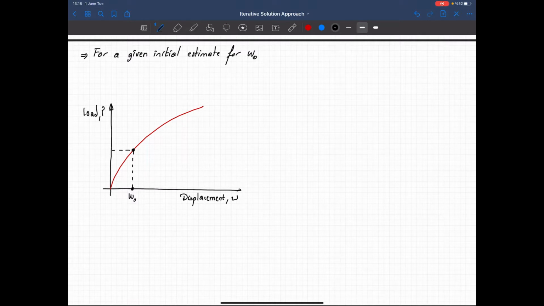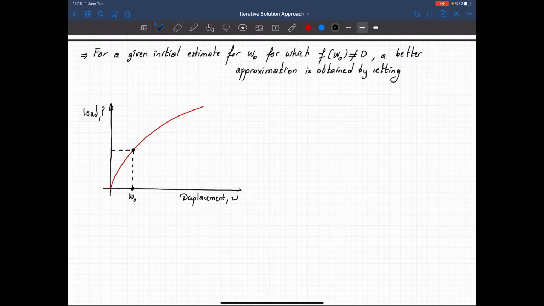So for a given initial estimate for W0, okay, a better approximation is obtained by setting f of n equal to 0.